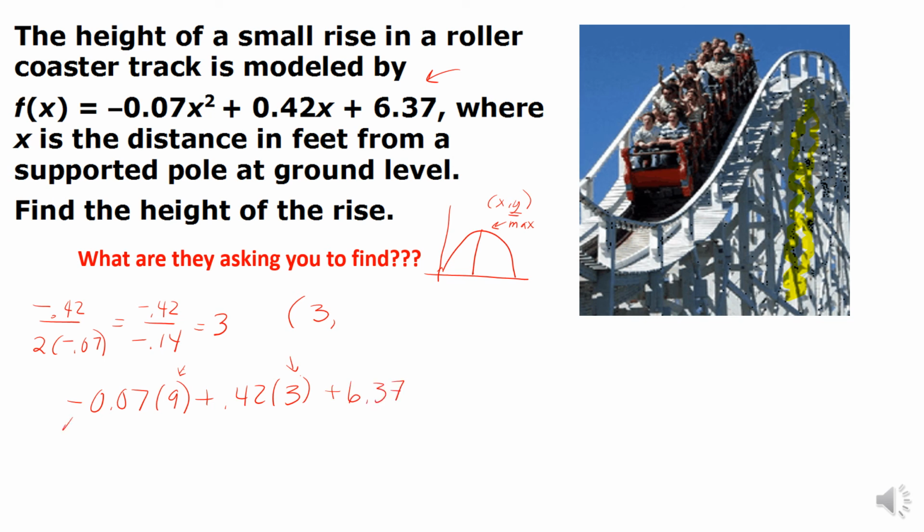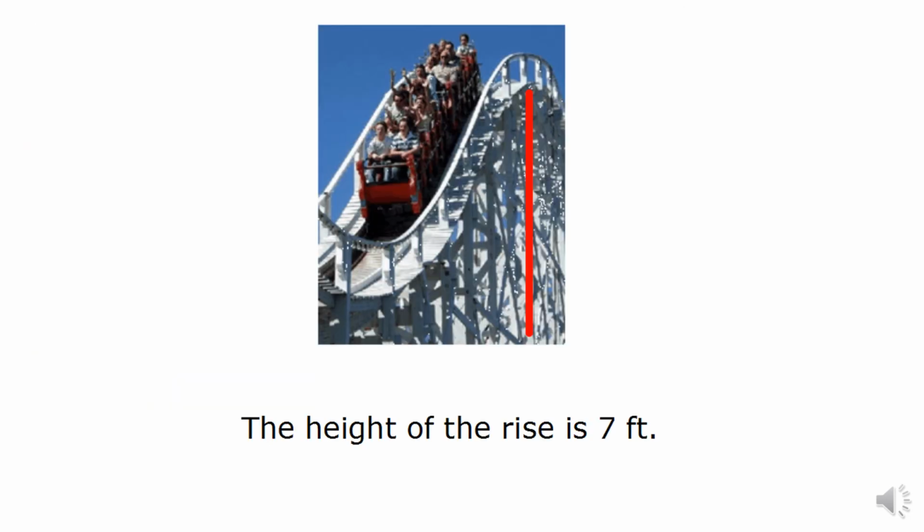Another common mistake is people forget the negative. So when I multiply this, I get negative 0.63 plus 1.26 plus 6.37, and I add those together and I get the height of the rise is 7 feet. So it's not as big of a roller coaster as it looks.